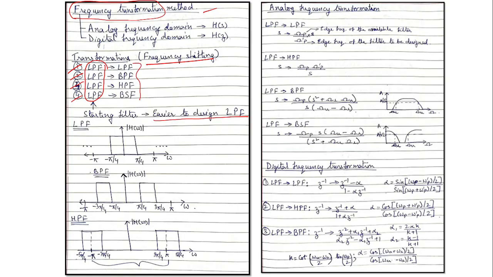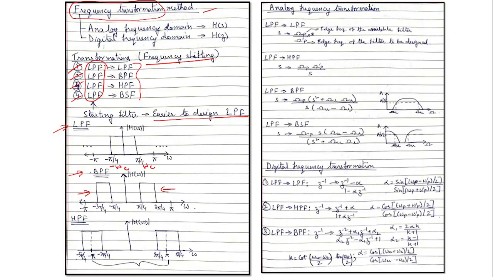If you look at the low pass filter frequency response, it looks something like this, where minus omega c is minus pi by 4 and omega c is pi by 4. Now if we have to convert this into a band pass filter, we have two pass bands, right?